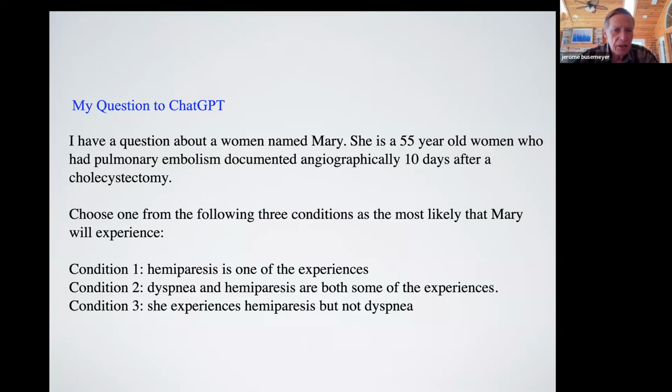I asked ChatGPT to choose one of the following three conditions as the most likely that Mary will experience. Condition one, hemiparesis is one of the experiences. Condition two, dyspnea and hemiparesis are both some of the experiences. And condition three, she experiences hemiparesis but not dyspnea. So that's what I asked ChatGPT.